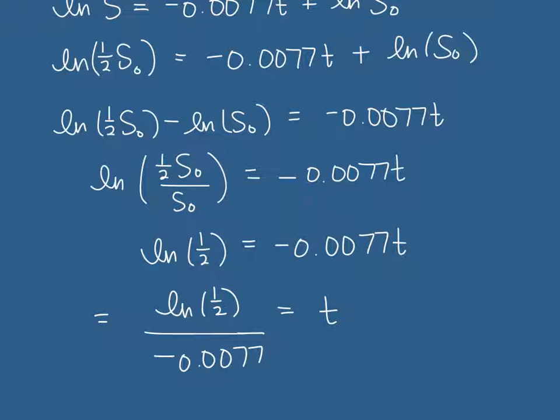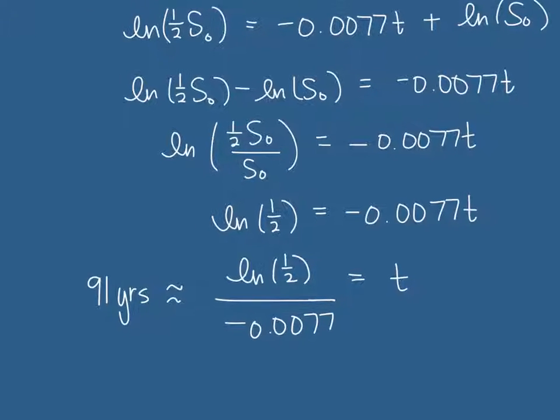And you can use your calculator to type that in and find it. Does anybody have a calculator handy? 91 years. Say it again. About 91 years. Okay. Approximately 91 years. What is it, Ricky?